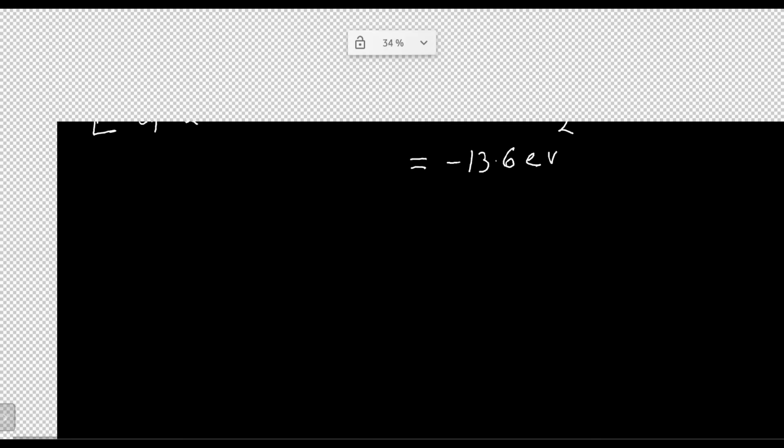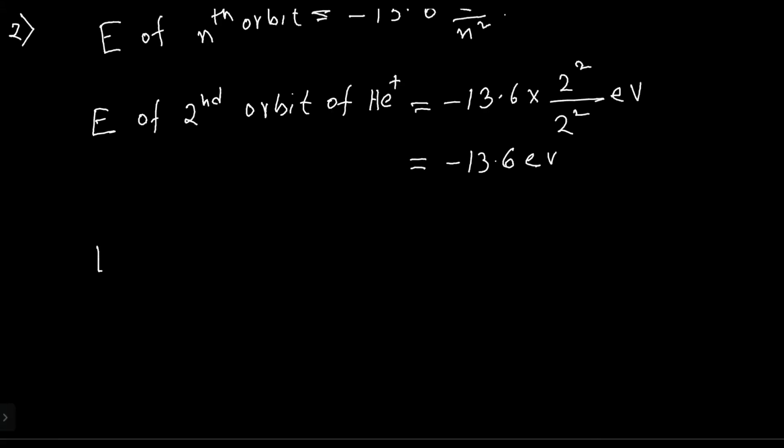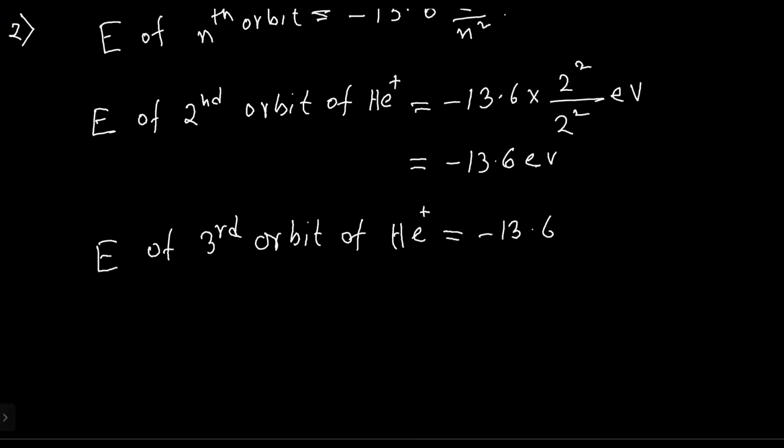Next, the energy of the third orbit of He plus, with the same formula, minus 13.6 into 2 square by 3 square eV. If you solve this you will get minus 6.04 eV.